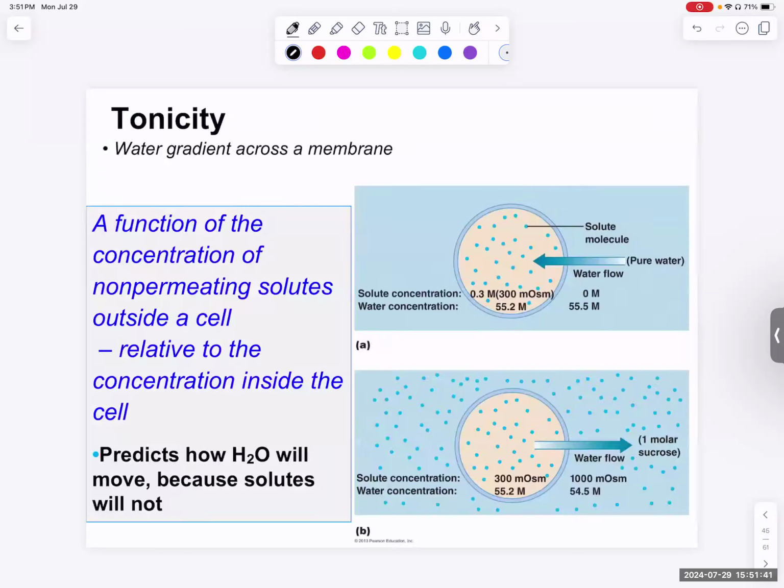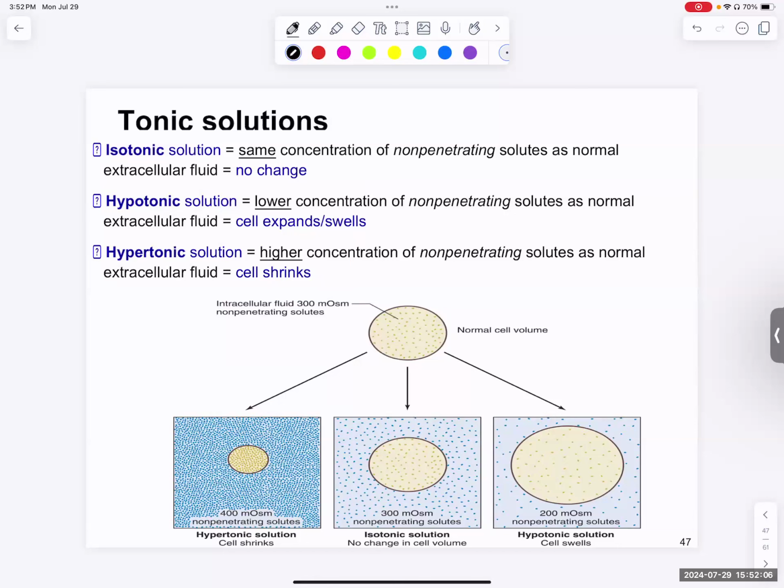Sorry about that. When we talk about tonicity, we're really talking about the solution or the osmolarity or the amount inside the cell. It's really to predict how water will move. And so you can have an isotonic solution. An isotonic solution is the same concentration as the intracellular solution. And let me denote this.